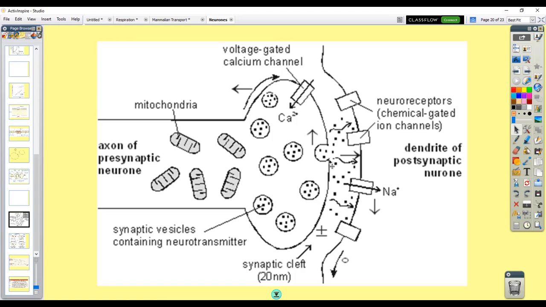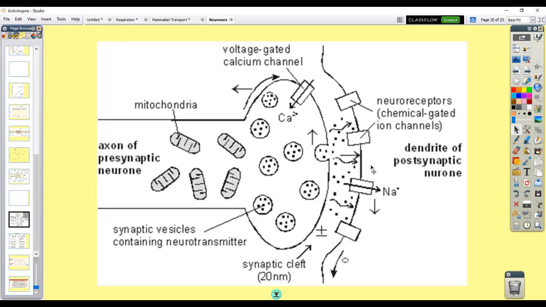So it can only pass from high concentration to low concentration, so presynaptic to postsynaptic neuron. And also the receptors are only found on the postsynaptic neuron, which means the impulse can only travel in that direction.